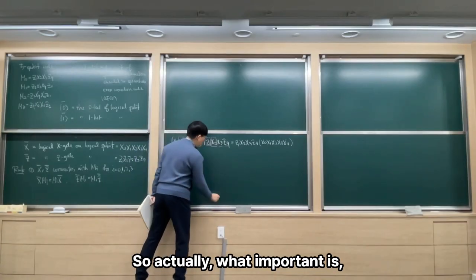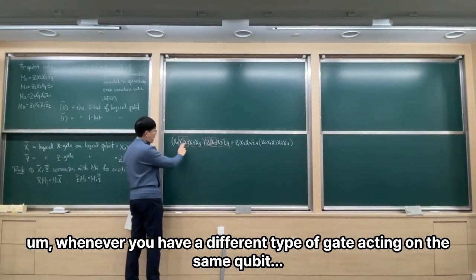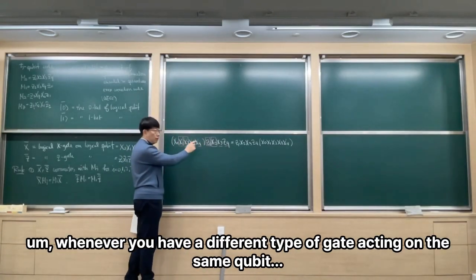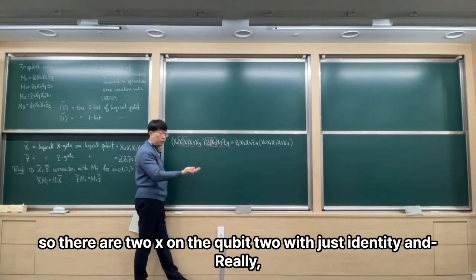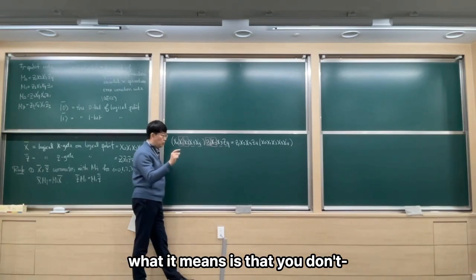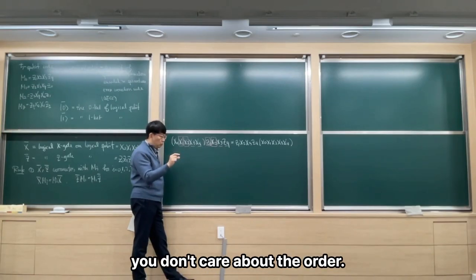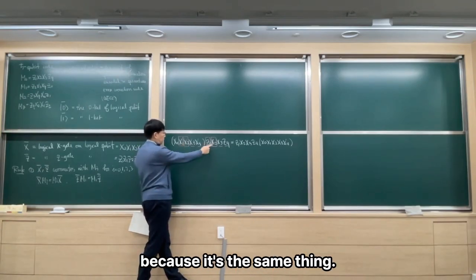What is important is whenever you have a different type of gate acting on the same qubit. For example, X2 is here: there are two X gates on qubit 2, with just identity otherwise. Really, it means that you don't care about the order, because it's the same thing.